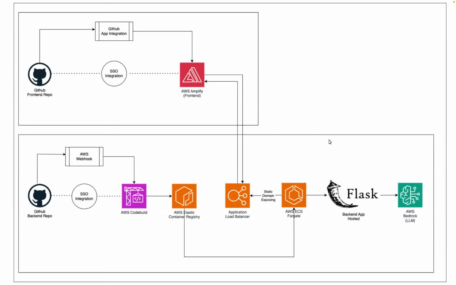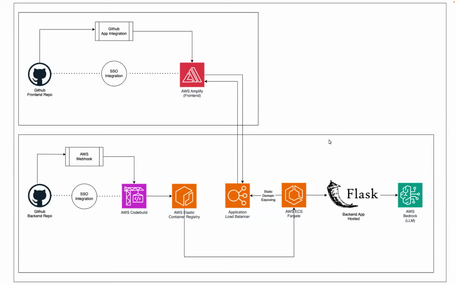So once CodeBuild receives a message from the webhook, based on the CI/CD script that we write, it's going to build a Docker file, because our backend repo has the Docker file stored. Whenever CodeBuild checks out that repo and starts building, it's going to build a Docker file.